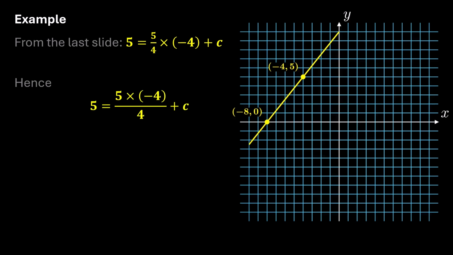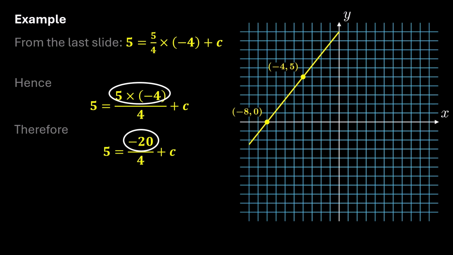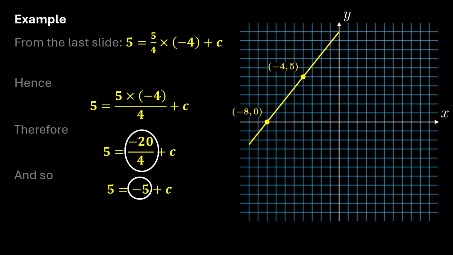So we have 5 equals 5 times minus 4 divided by 4 plus c. And therefore, tidying up some more gives us 5 equals minus 20 divided by 4 plus c. And therefore, 5 equals minus 5 plus c.